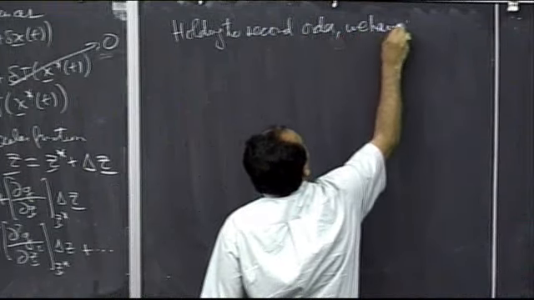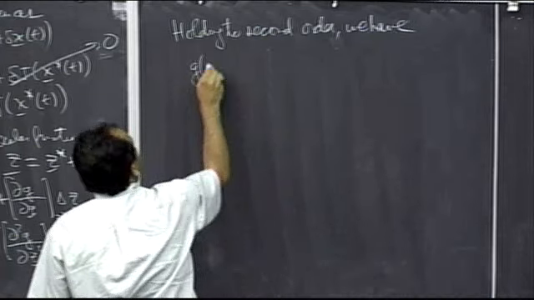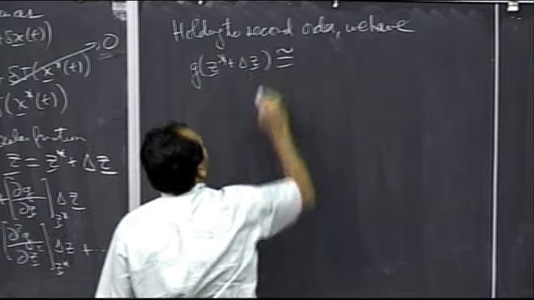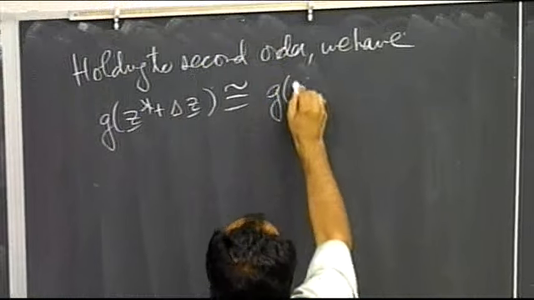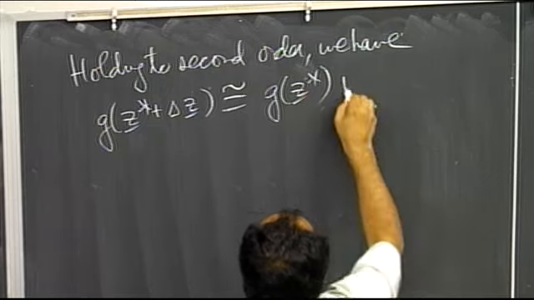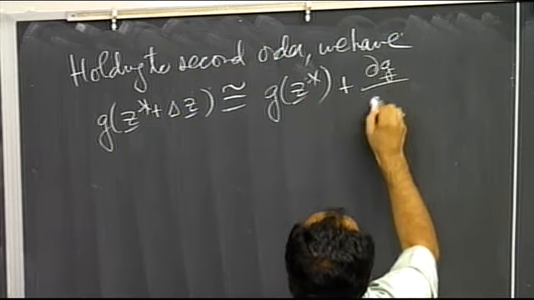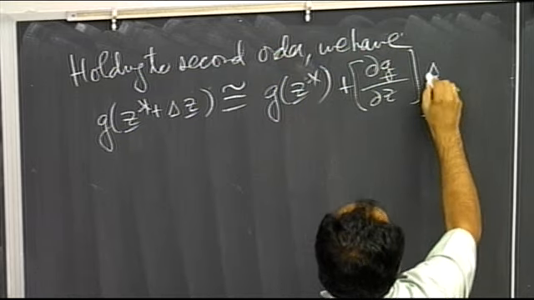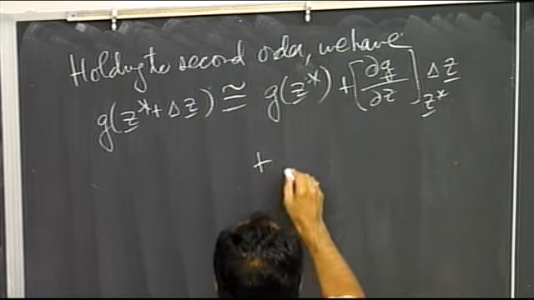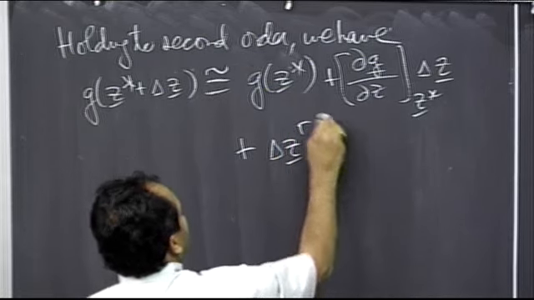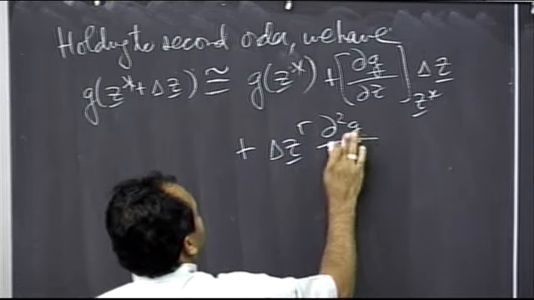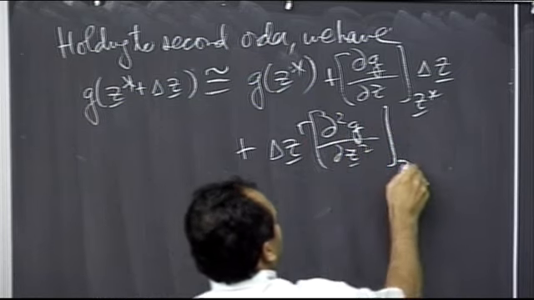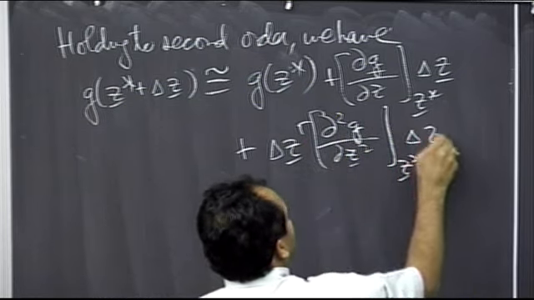Holding only the second order, we have g of z star plus delta z is approximately g of z star plus the partial of g with respect to z evaluated at z star times delta z plus delta z transpose times the second partial evaluated at z star times delta z.